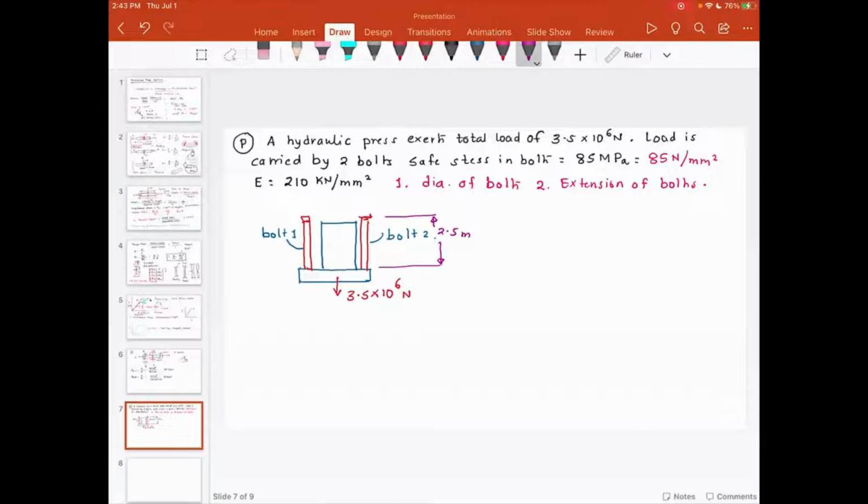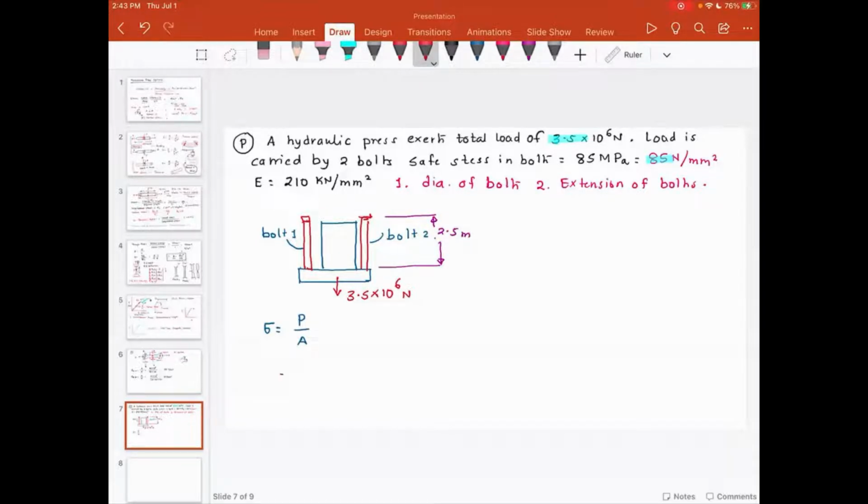So step 1, to find the stress, we use the equation P divided by A. But since this is a design problem, the value of stress is given to us, value of load is given to us, and we have to find out the diameter. In other words, we have to find out the area.